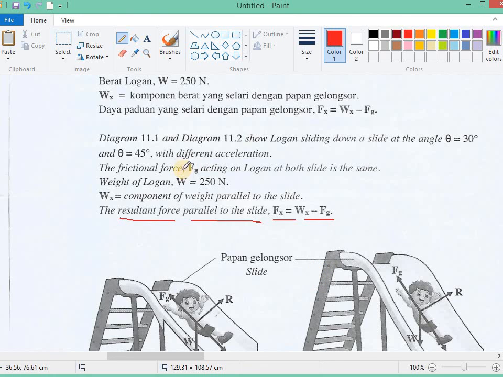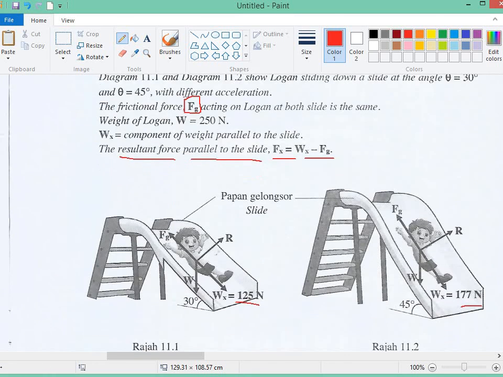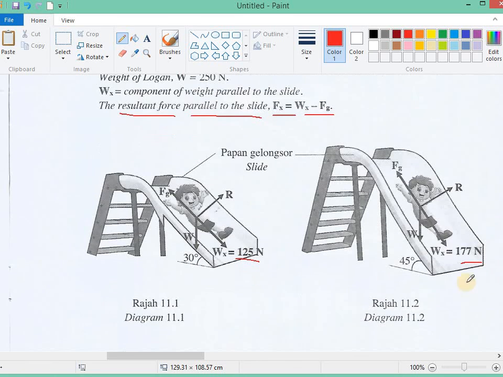Fg is the frictional force. So that means the Fx of 11.2 is higher than 11.1, because the friction is the same.